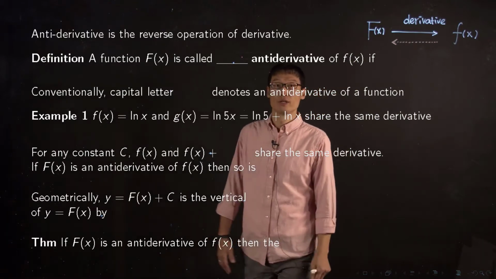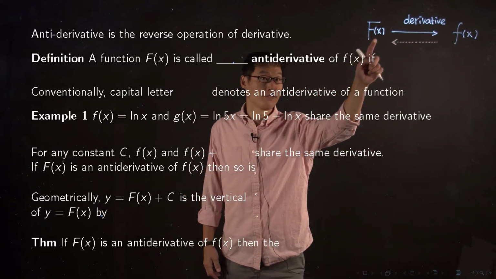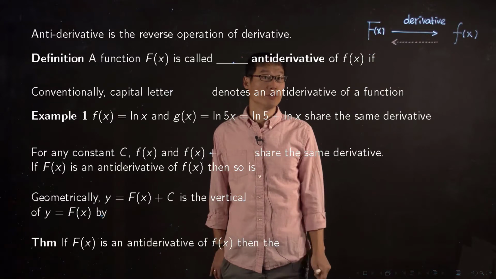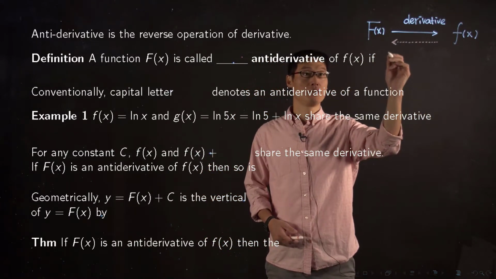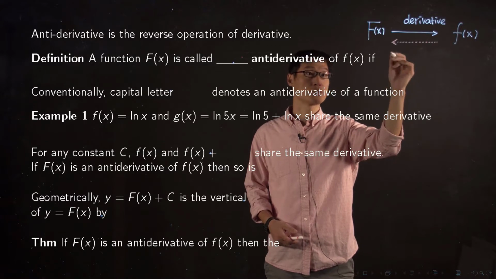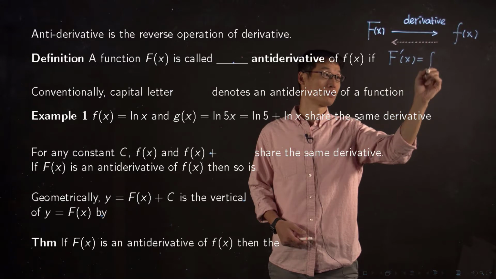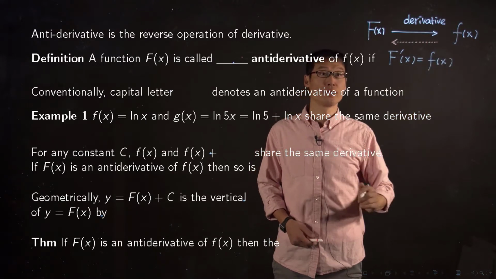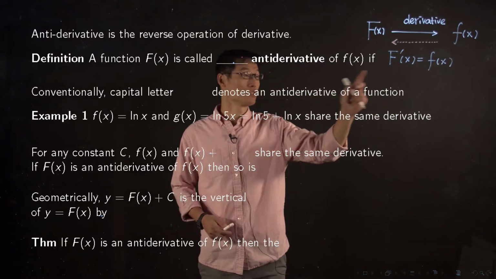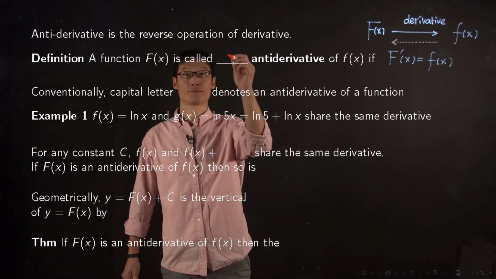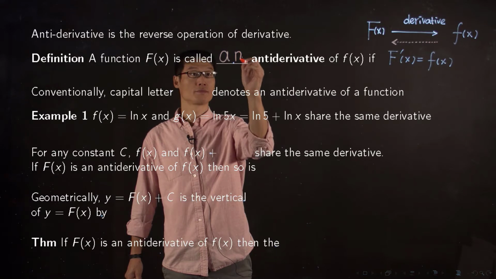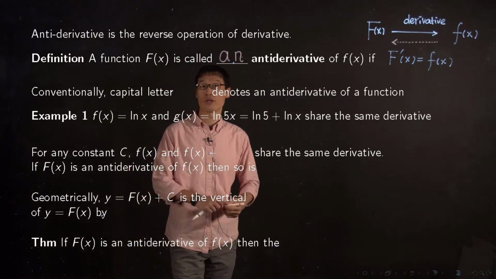So definition, this capital F is called an antiderivative of small f if this diagram holds. So if derivative of capital F is small f. Let me emphasize this. This is just an antiderivative, because there are many.